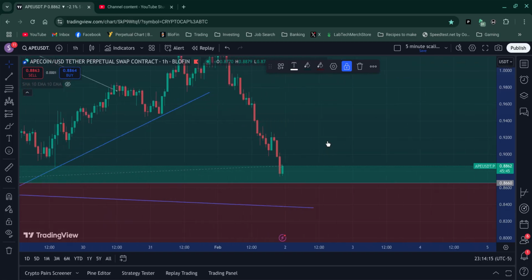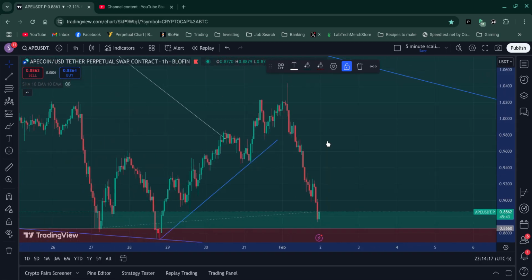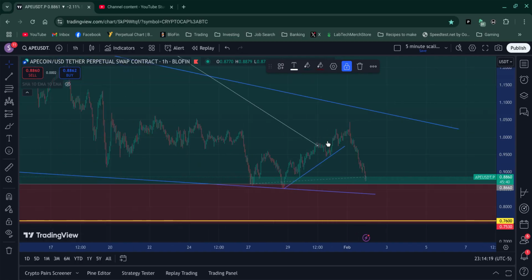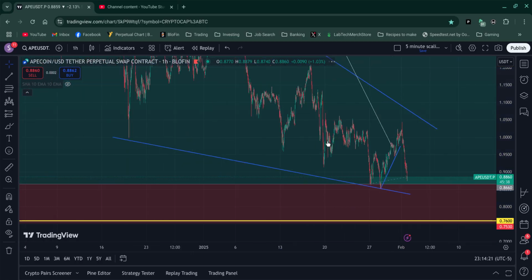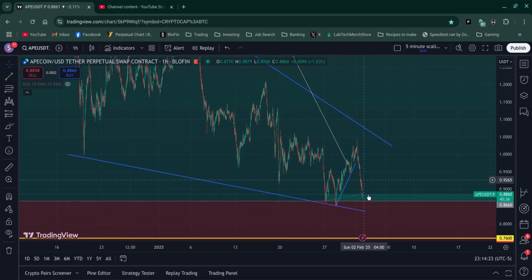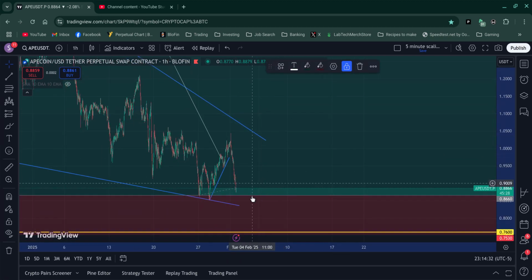So what I would say is that if we can hold our support right at the bottom of where I had my grid set, at around 86 cents, then that would be a very bullish sign for Apecoin, and it does seem to be approaching what I would call a level of support here.